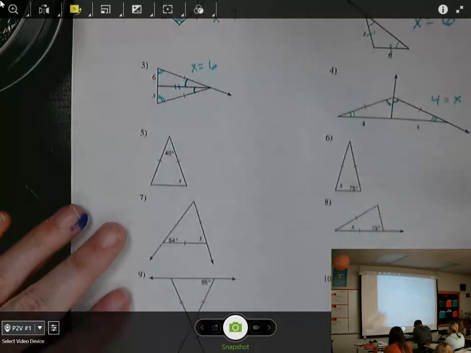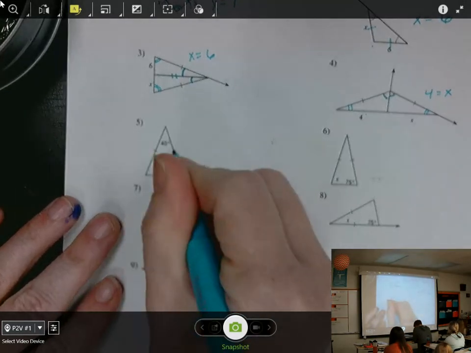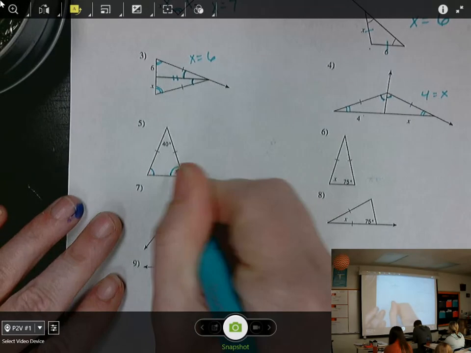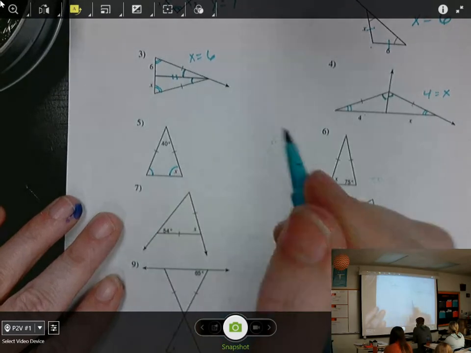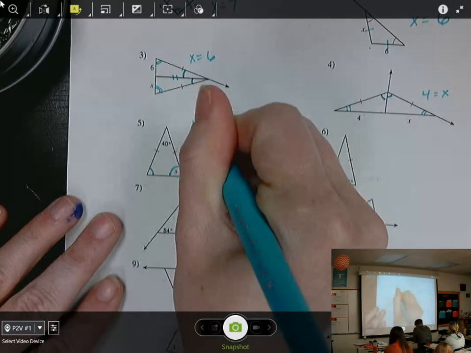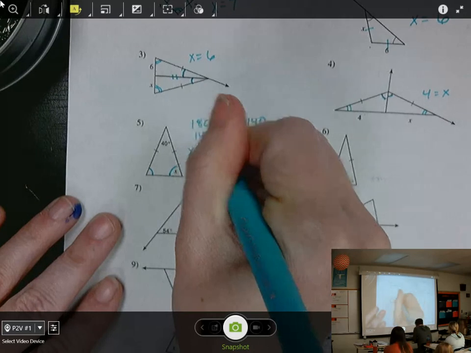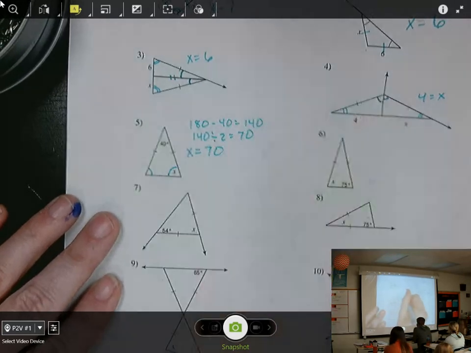Number 5, the vertex angle is 40, and these two have to be the same because the two legs are congruent, so these would be congruent to each other. 180 minus 40 is 140, divided by 2 is 70, so X equals 70. Okay.